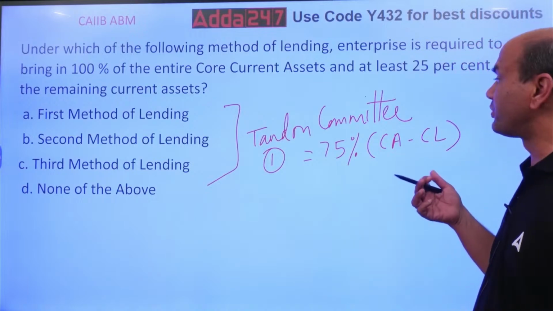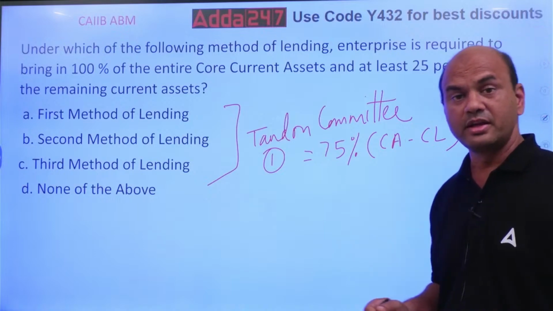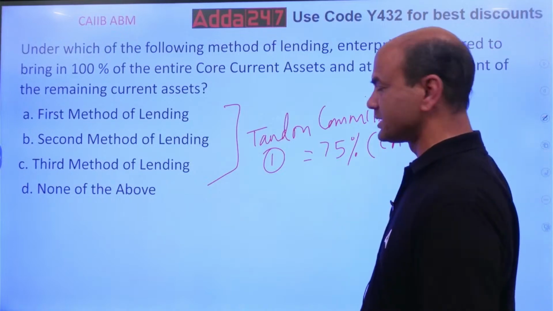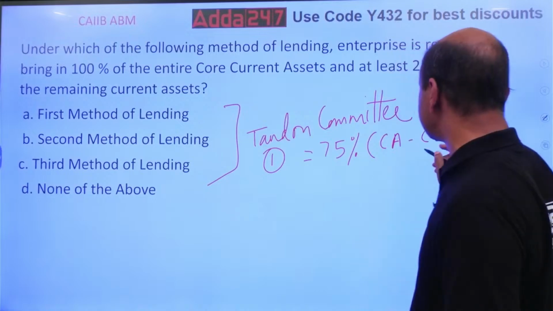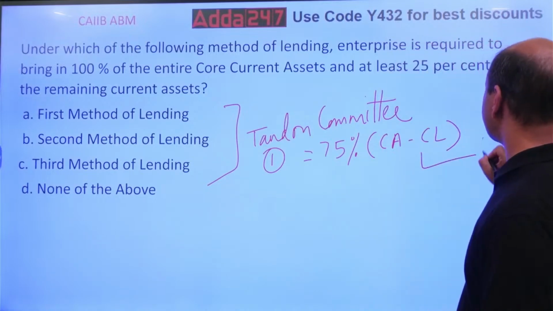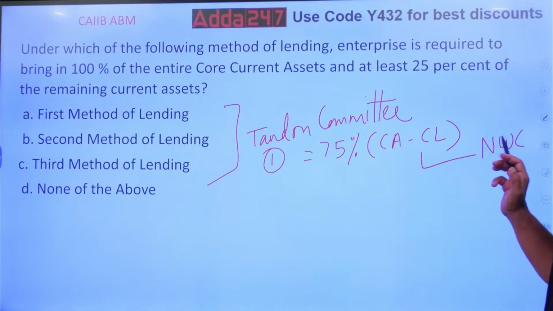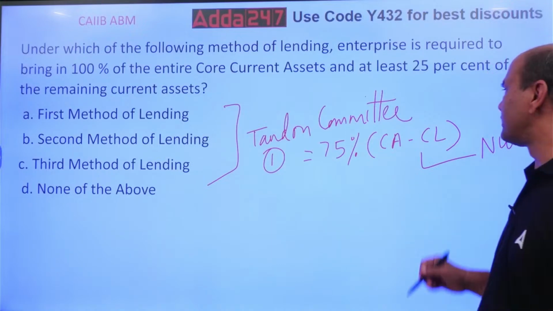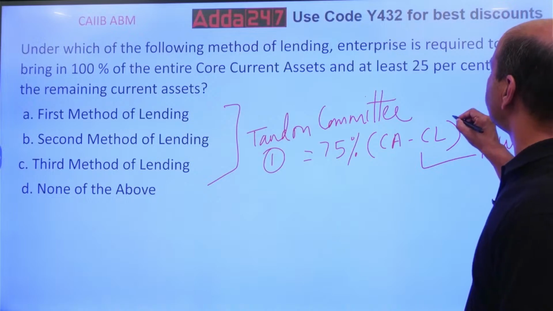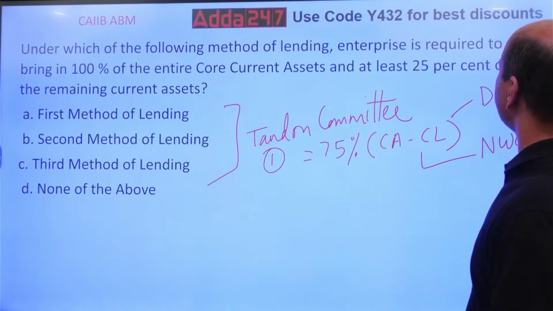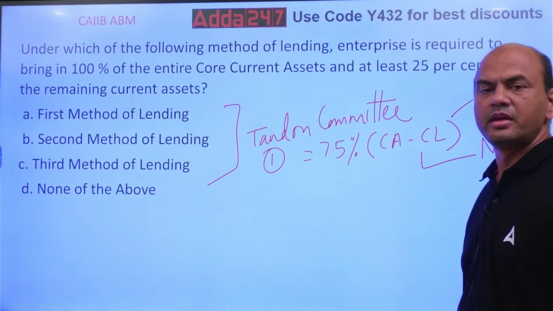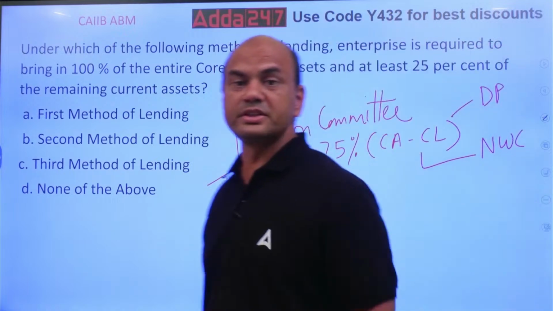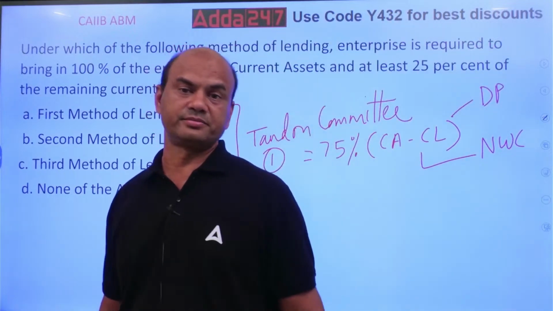This is the Tandon committee method 1. Now what is this? Just now we saw it in the earlier problem. NWC, net working capital gap. So method number 1 is generally used in DP calculations. DP means drawing power. In drawing power calculations, we use Tandon committee method 1.